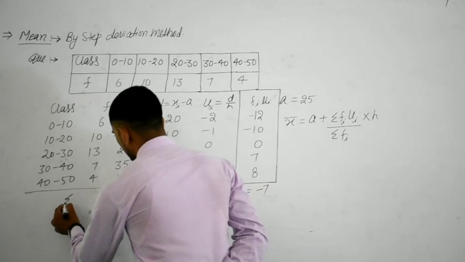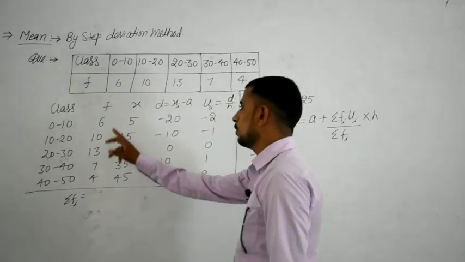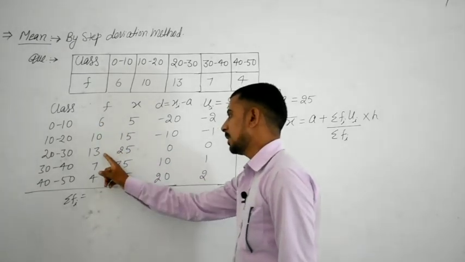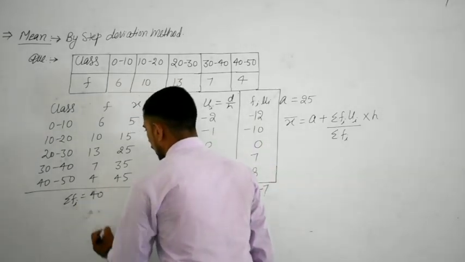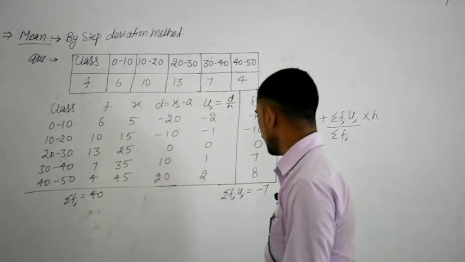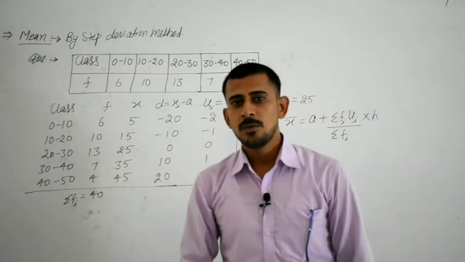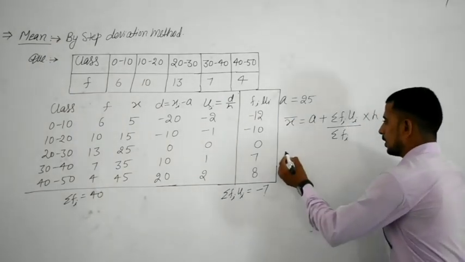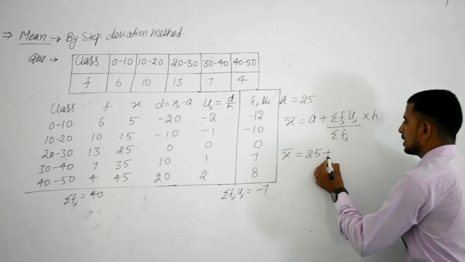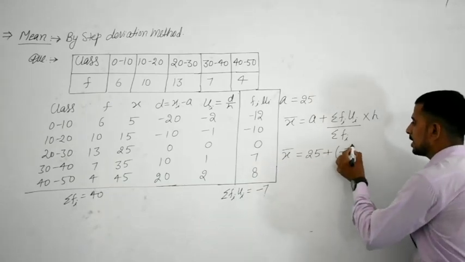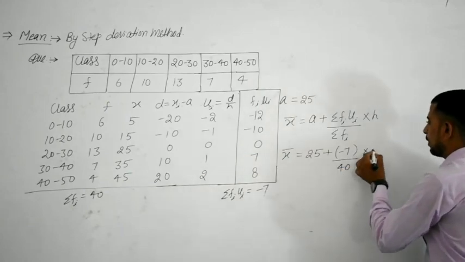Now summation fi. Summation fi is equal to 10 plus 6 is 16, plus 13 means 29, plus 7 is 36, plus 4 is 40. Now put the value of summation fi, summation fi ui, value of a, and the value of height of class. x bar is equal to a, which is 25, plus summation fi ui, which is -7, upon summation fi, which is 40, multiplied by h.